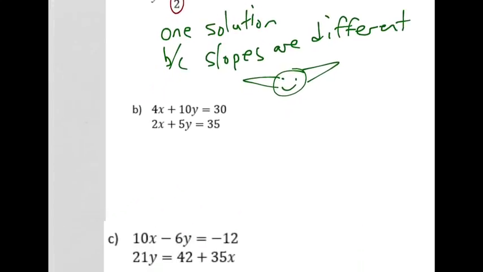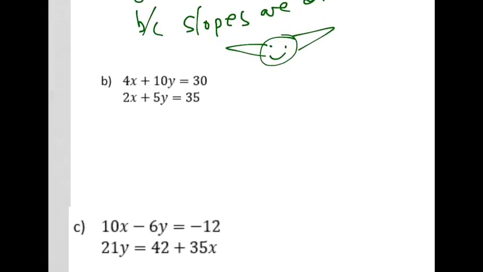Okay? What about this second system? How many times do those lines intersect? Can you tell me about their slopes and y-intercepts? No. Not the way it is, but how would you change that? Put it in slope-intercept form, right? So let's take 4x plus 10y equals 30, and turn that into slope-intercept form.